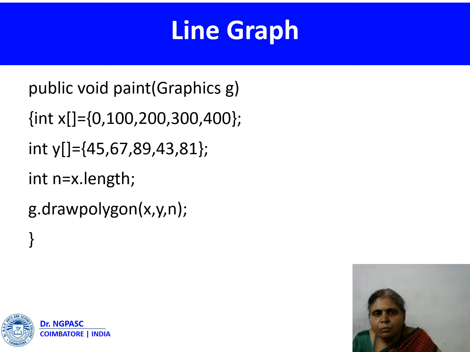We can do that by storing the x values in an x array and the y values in a y array, and the total number of points in an integer called n. Now we can make use of the drawPolygon method by passing these two arrays and n number of points, so that there will be a line graph.